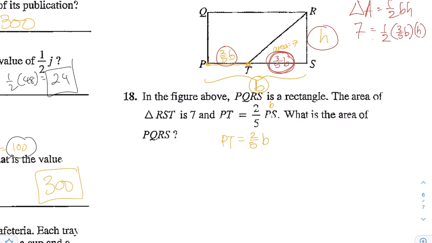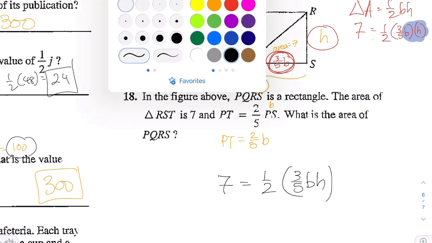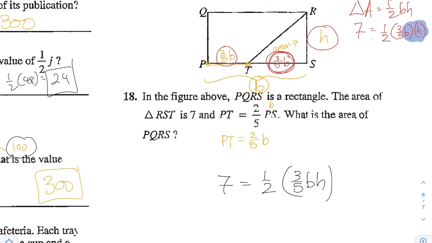So this is your equation, and notice that BH, the area of the rectangle, is actually hidden in there. So all we have to do is solve for B times H to isolate it. Your equation is 7 is equal to 1/2 of 3 fifths BH. To solve for B times H, we multiply by the reciprocal of both of these fractions, specifically 5/3 times 2/1.